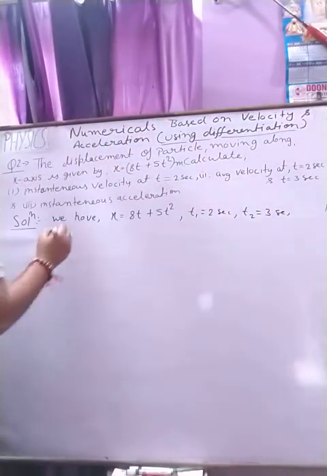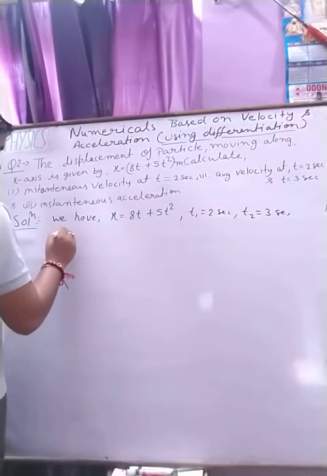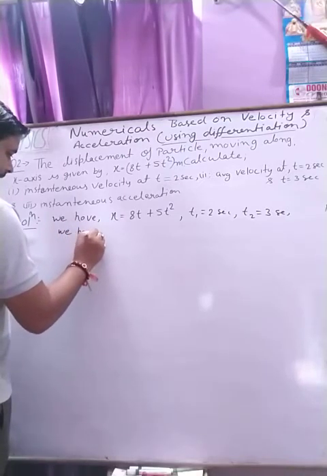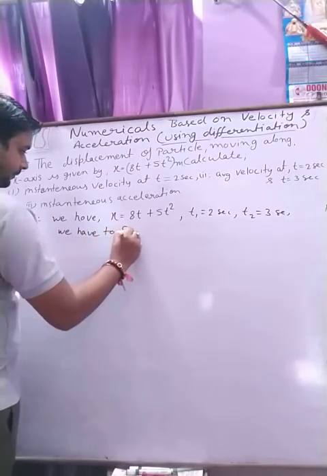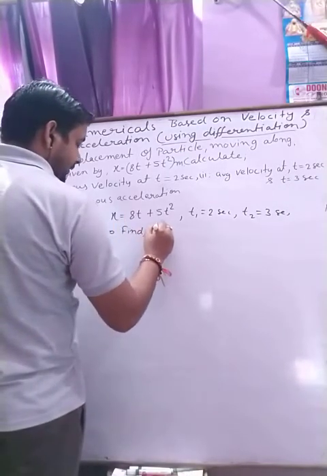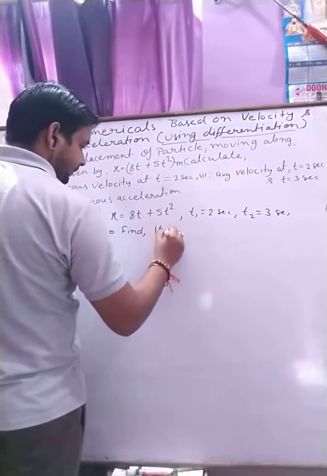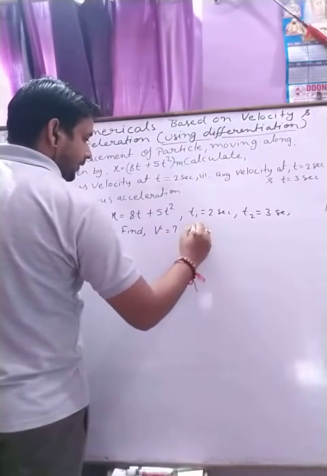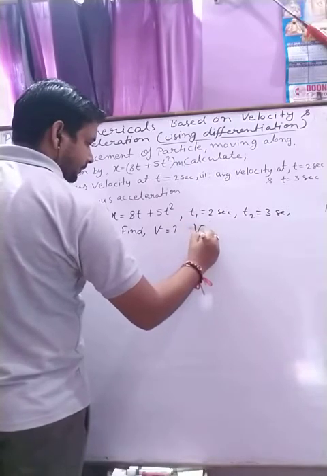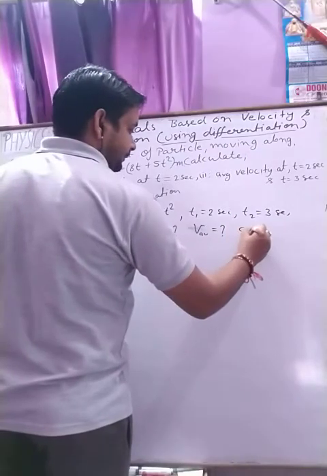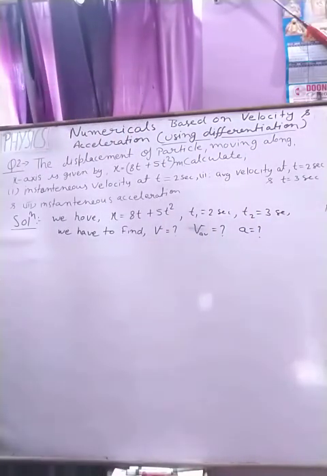What we need to calculate? We have to find instantaneous velocity, average velocity and acceleration. These three quantities we need to calculate.